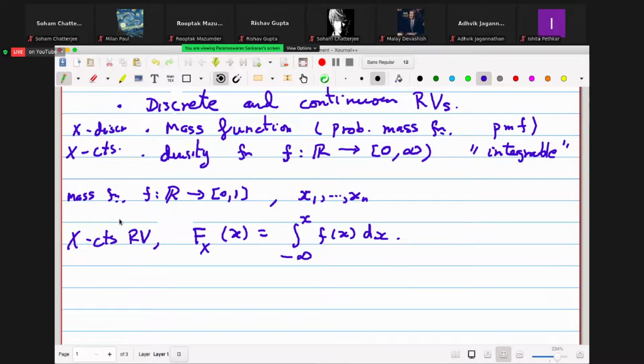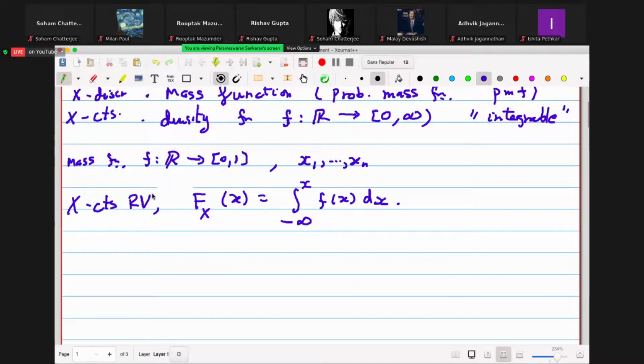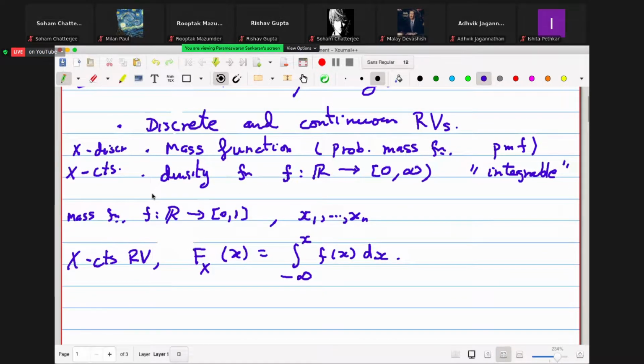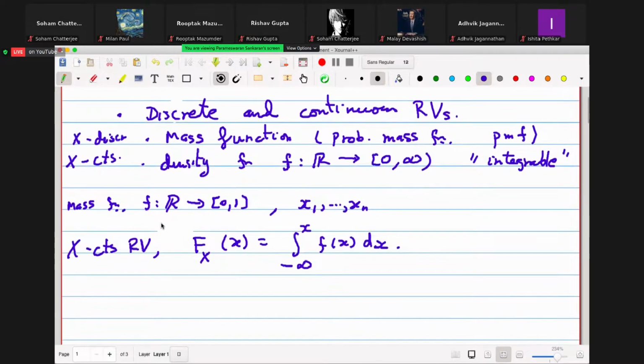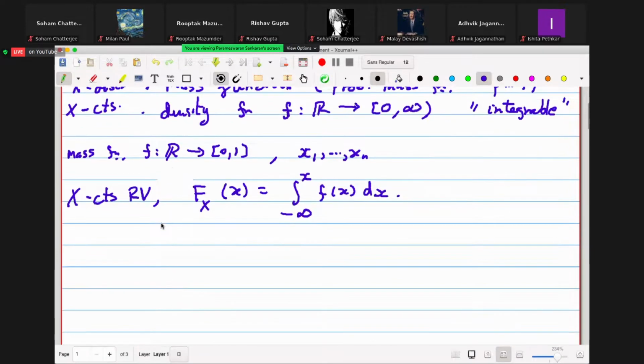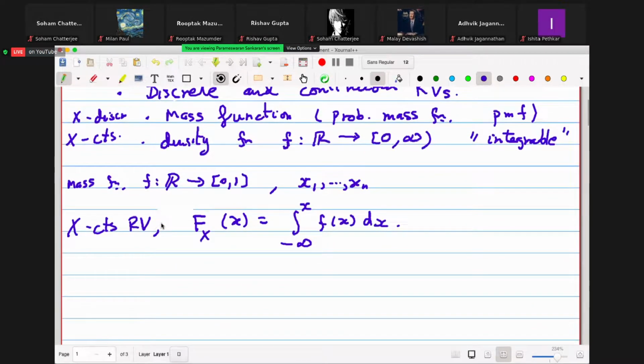The problem is that these two are qualitatively very different. You will not be able to write the distribution function of a discrete random variable in terms of an integral. It's simply not possible, even if you make the domain the whole of R. In my definition, I wrote the domain to be maybe x1 to xn, but it doesn't really matter.